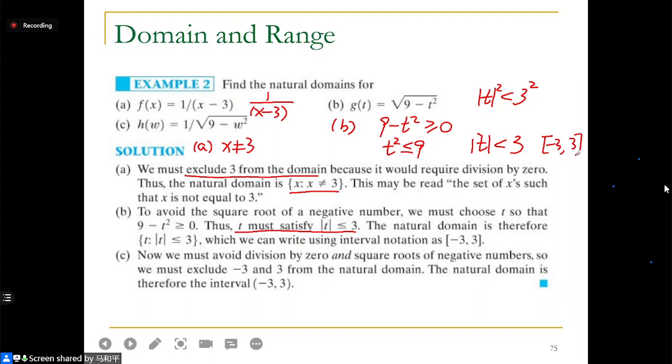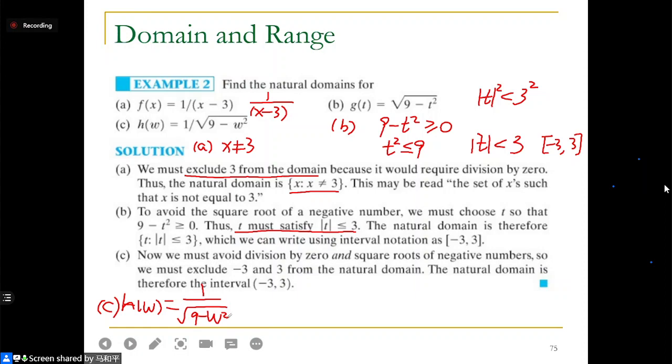Okay, and C. C here is h of omega, equal to 1 over the square root of 9 minus omega squared, right? Here the square root is in a denominator.